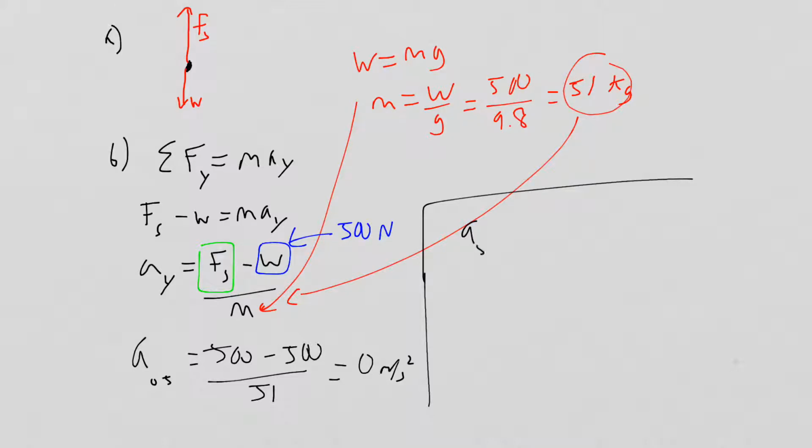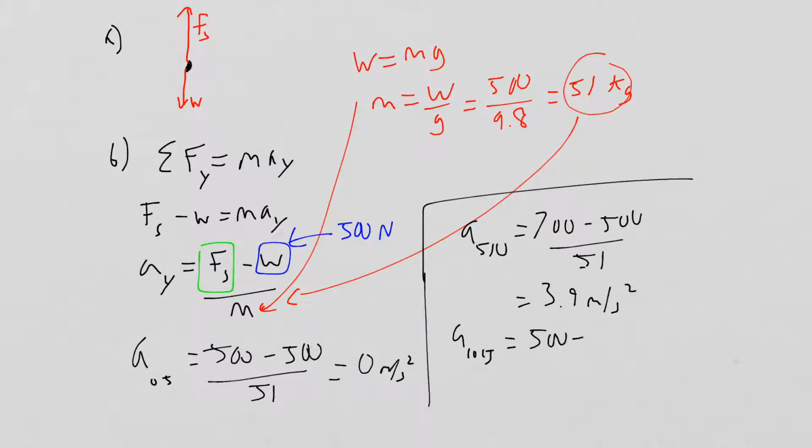From 5 to 10, we have 700 minus 500 all over 51, and if you plug that in, you get 3.9 meters per second squared. From 10 to 15, it's 500 minus 500 over 51 again, which is 0. Don't forget units.